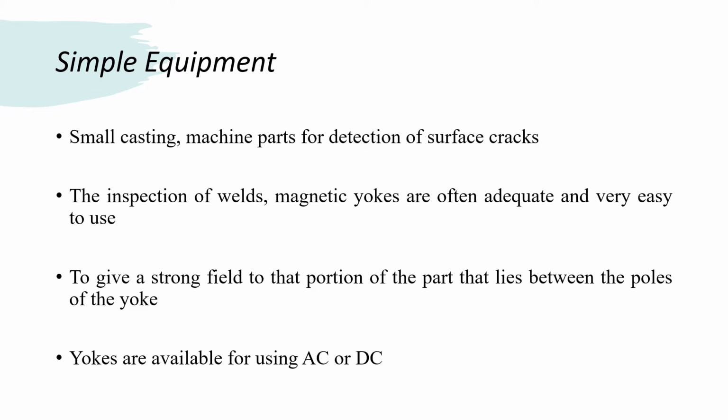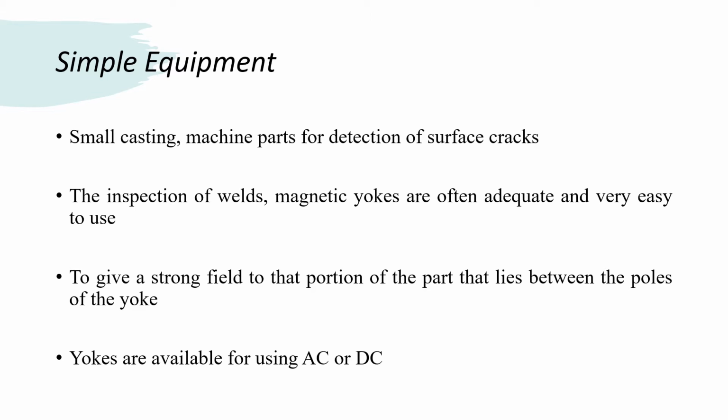Small and easily portable equipment is most convenient. For the inspection of welds, magnetic yokes are often adequate and very easy to use.